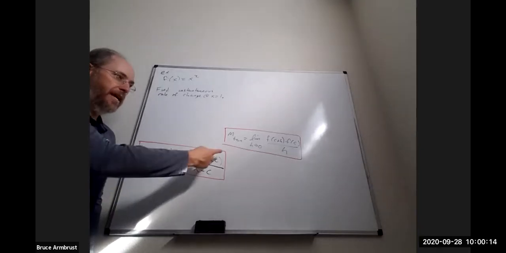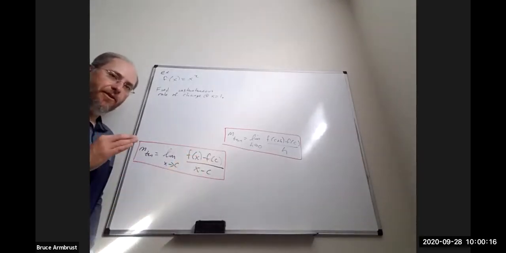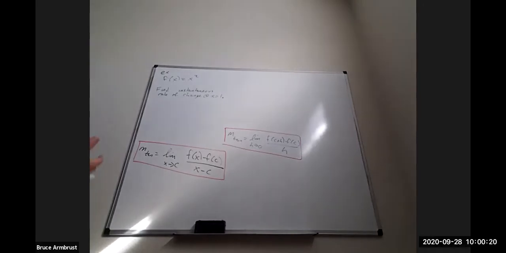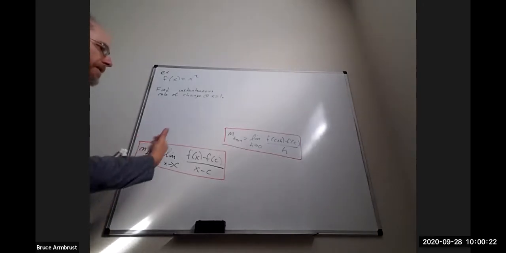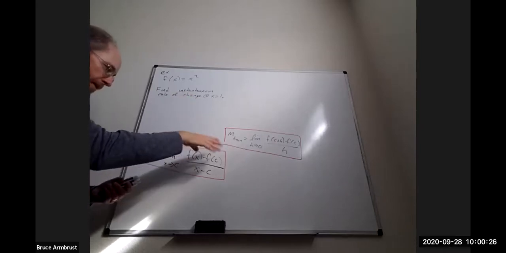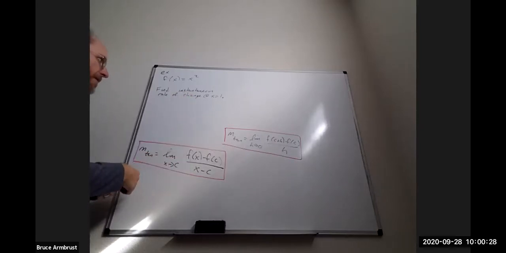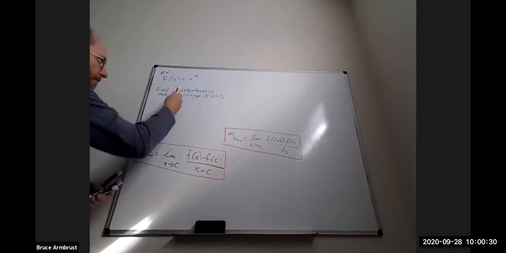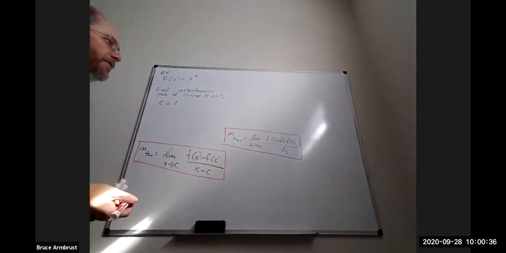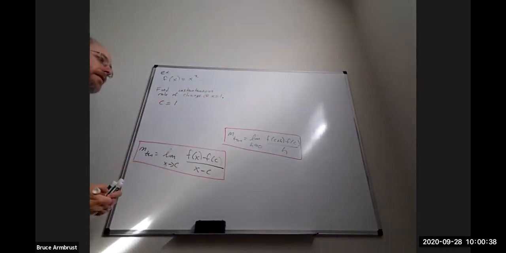Well, now we'll see how the calculus shows that it must equal 2. All right, so we're going to do it both ways, but let me first help you see what's going on with all the different letters. So in this case, f of x is x squared, but c is equal to 1, because that's the point at which we're interested.